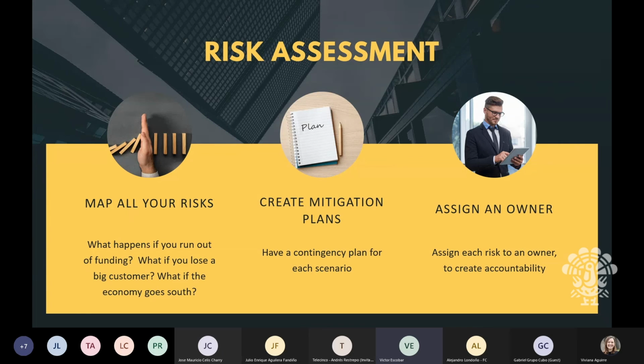Have you measured if you lose your principal, or if you have not the principal, but the one that generates the most revenue for you, if you lose that client, what will happen with you? Do you have a plan if that happens to mitigate the result? If you don't, it's something that you should be doing, because in the case that happens, everything can become pretty wild, and you will need to find a rapid and efficient solution for that.